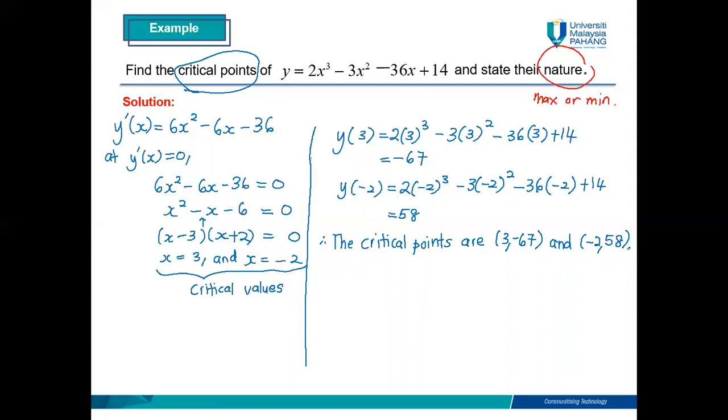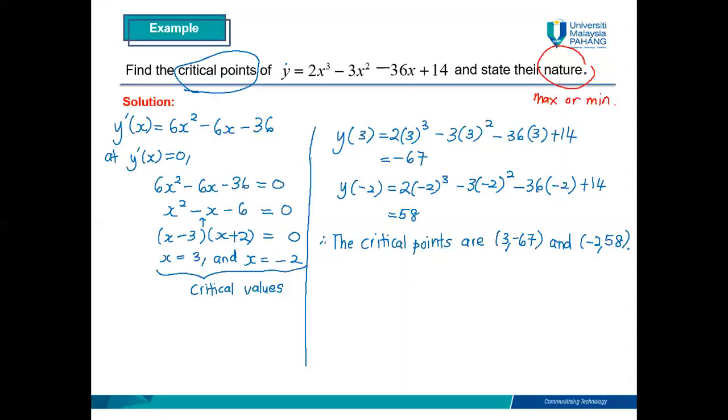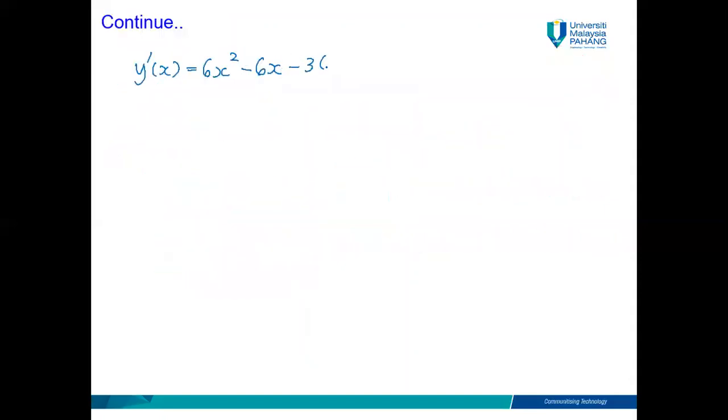So you ada, tulis balik yang ni lah. You have y prime x is equal to 6x square minus 6x minus 36.